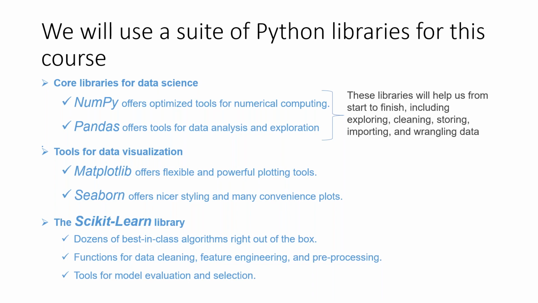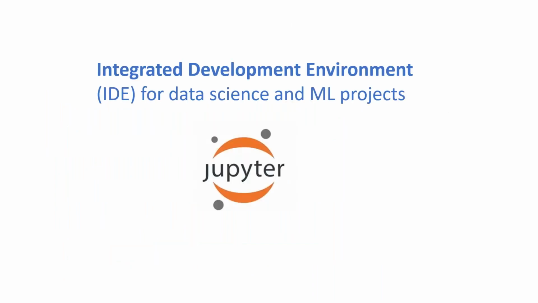Okay. So again, to do this course, we will use an IDE. Data science popular IDE is actually called Jupyter. Okay. It's an integrated development environment for data science and ML projects.